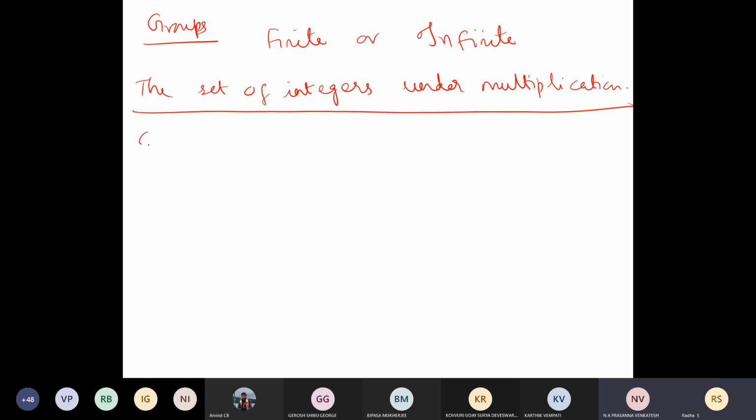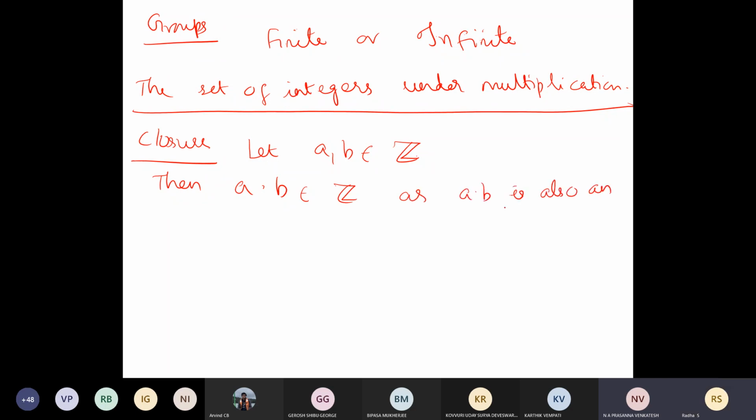Closure. Will that be satisfied? Yes, ma'am. Let a, b belong to Z. Multiplication of two integers is again an integer. Then a into b belongs to Z as a dot b is also an integer.